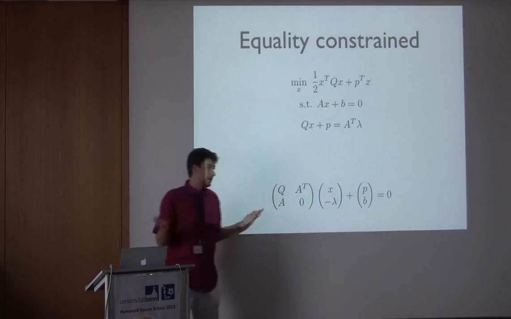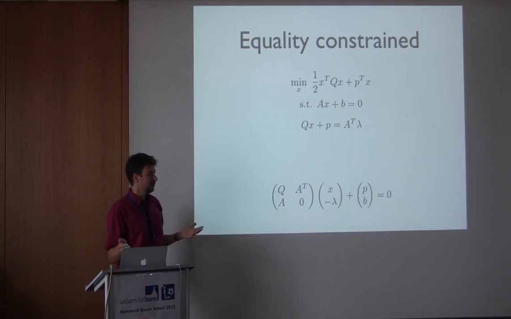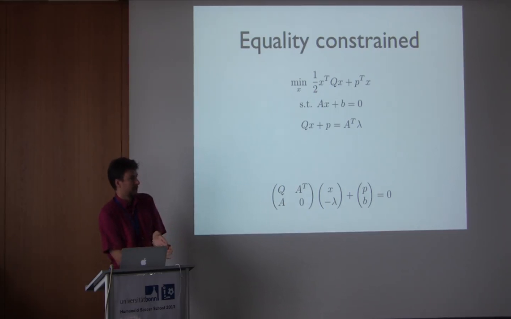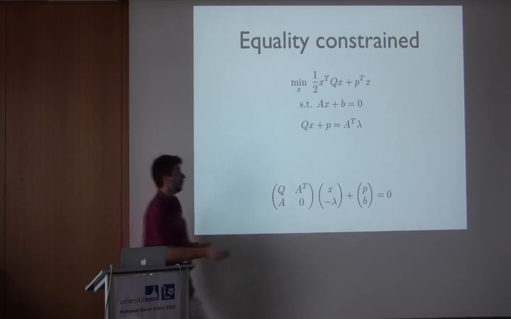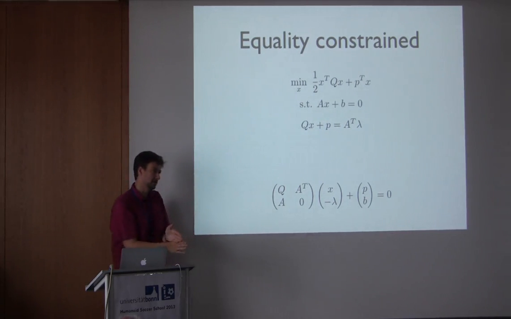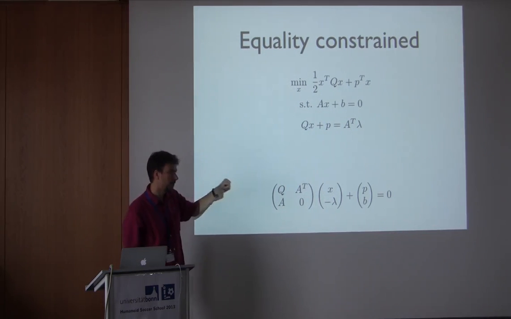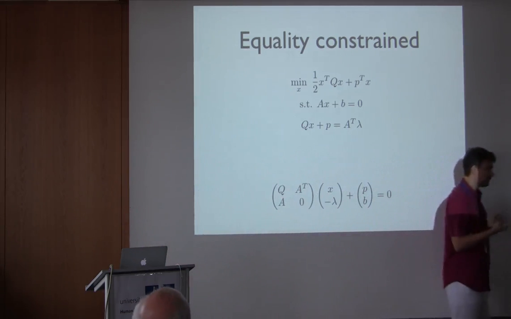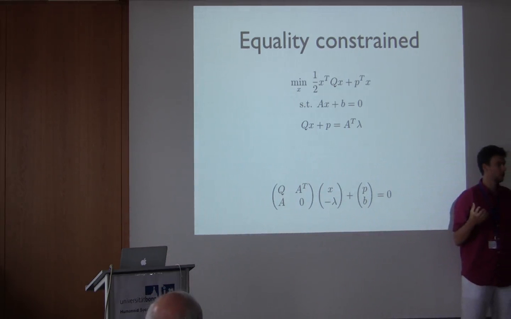In some situations, the inequality doesn't change anything to my solution. The minimum satisfies the inequality, so it's just as if it was not there. In the other case, I'm stuck on the inequality, so it holds as an equality. I just say I'm on this constraint, and then solve this system. So in fact, the whole process of solving a QP with inequality constraints amounts to finding which are the active constraints.